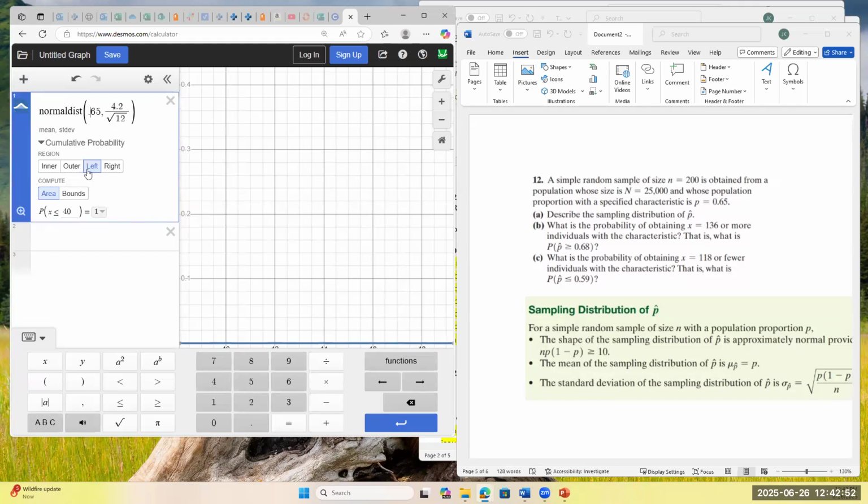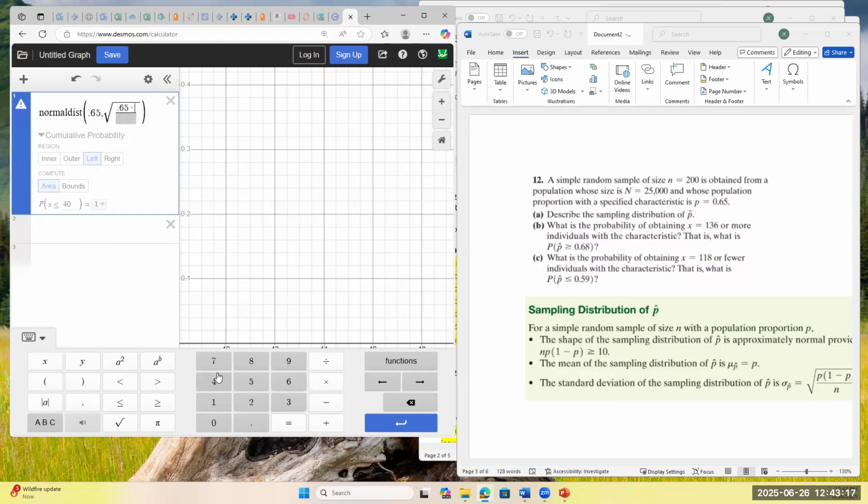Okay. So the standard deviation of my sampling distribution, let's get rid of this. And I need that square root again. And then I need a numerator and a denominator. So I'm going to hit that slash key. In my numerator, I have that population proportion times 1 minus the population proportion.